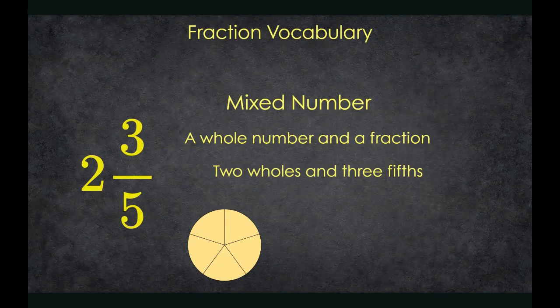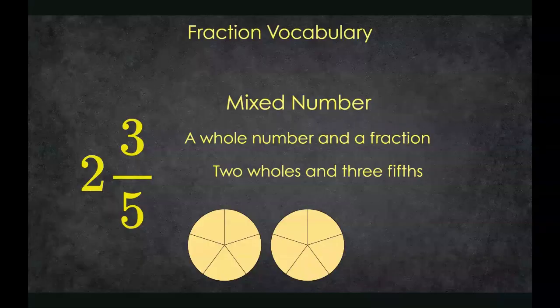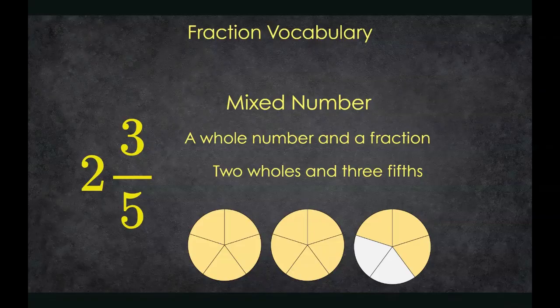This right here is a value of 1. Here's another value of 1 whole. That is how we get 2 wholes. And then I have 3/5 more, so I'll need another circle cut into fifths, but this time I only have 3 shaded in. So this would be how I would model 2 3/5. This is called a mixed number.